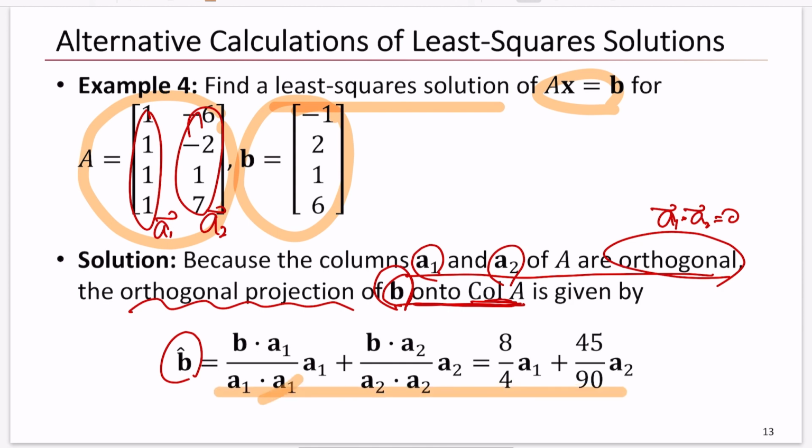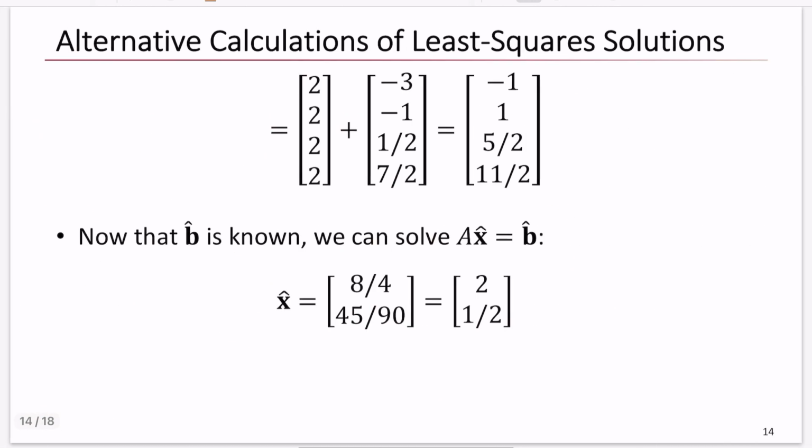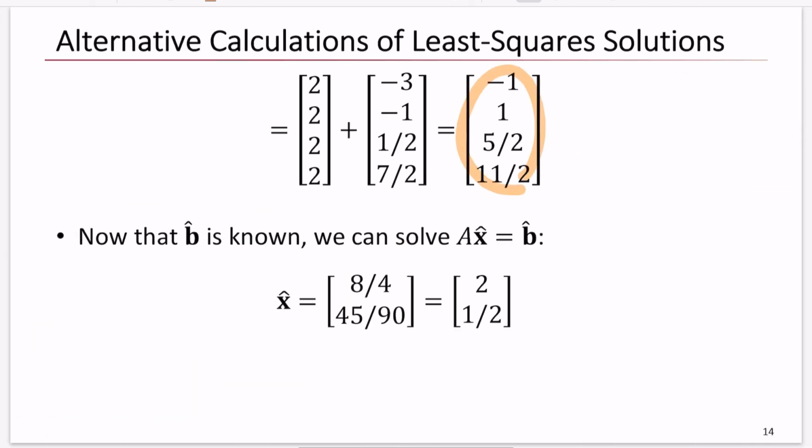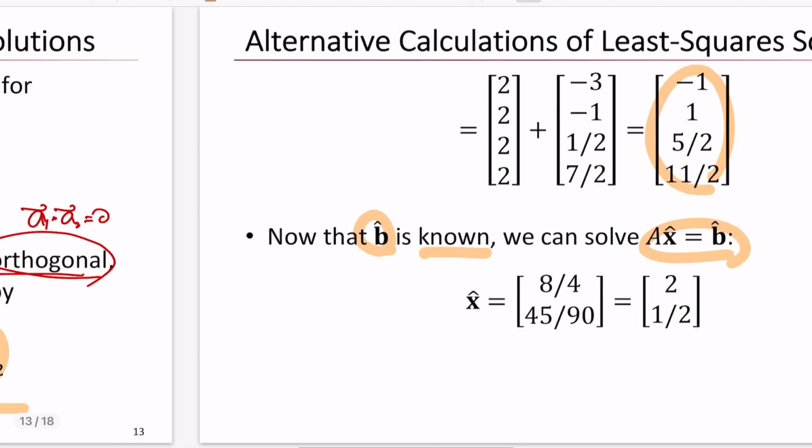So by comparing this one and this one, it's going to be 8 over 4 a1 plus 35 over 19 times a2. From this relationship, b hat is going to be like this. And now that b hat is known, we can just solve Ax hat equals b hat, right?